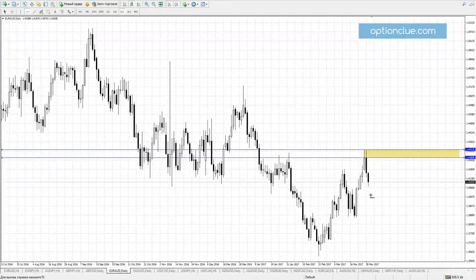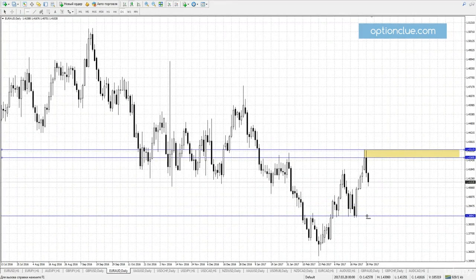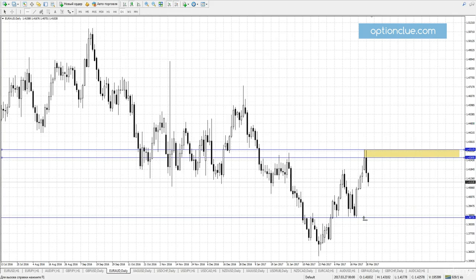Similarly, we are plotting the borders of this level. 1.3874 is the border along the shadow, 1.3887 is the border along the borders of the candles, and we paint out this level with a color rectangle.